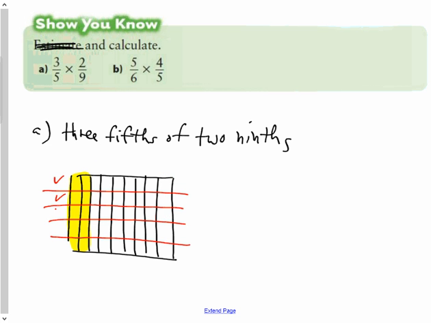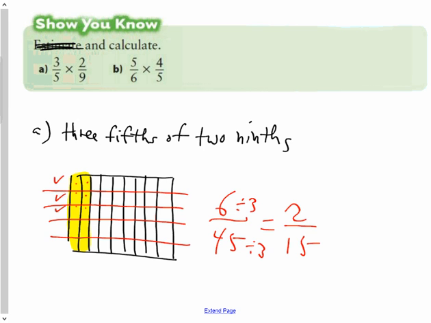So I'm going to use 3 check marks to represent 3/5 of the 2/9. Now before I made my cuts, my denominator was 9. After I made my cuts, my denominator became 45. There are 45 parts here. And of those 45 parts of chocolate, I get to keep 6/45, which is your answer, not in lowest terms because both are divisible by 3.